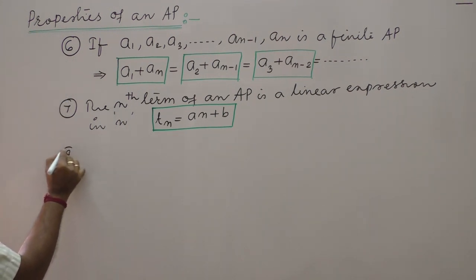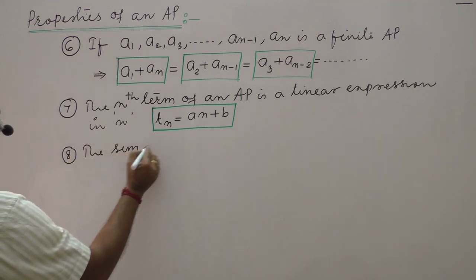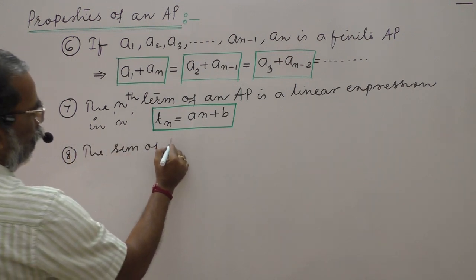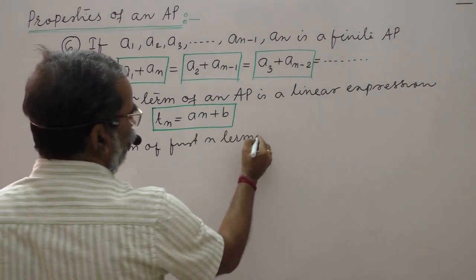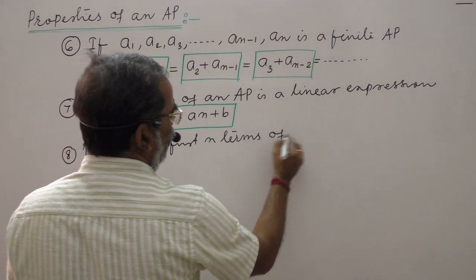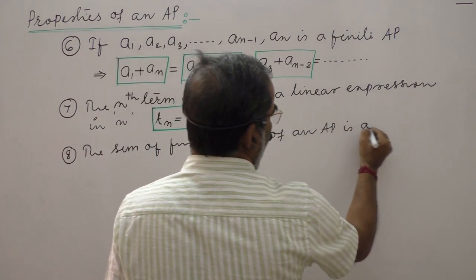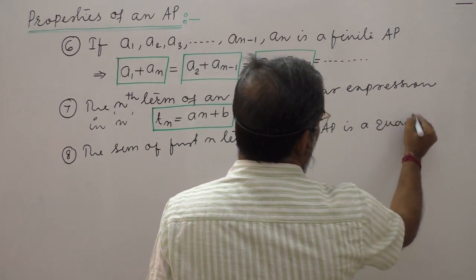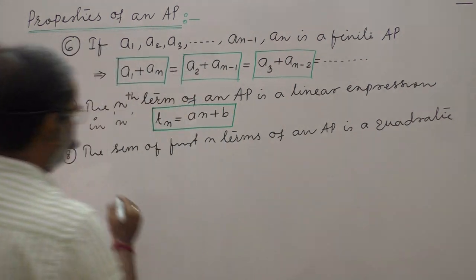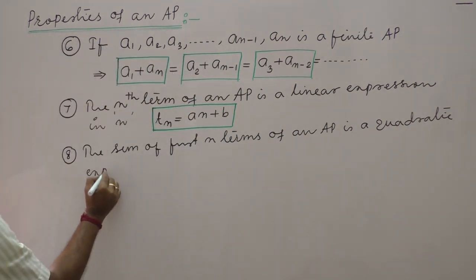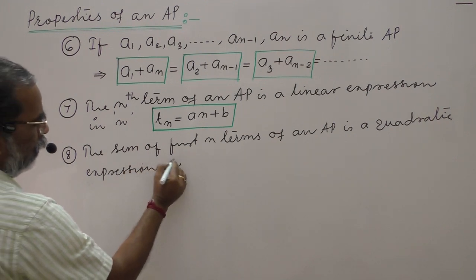Next, number 8. The sum of first n terms of an AP is a quadratic expression in n.